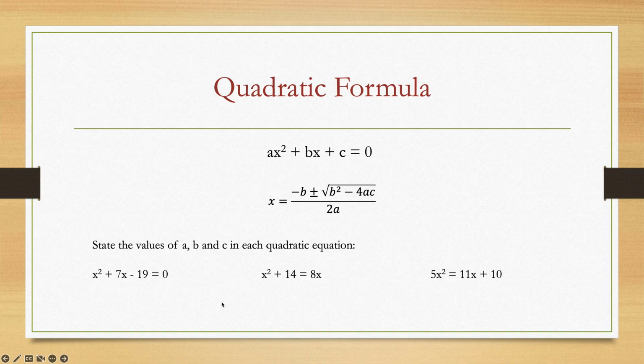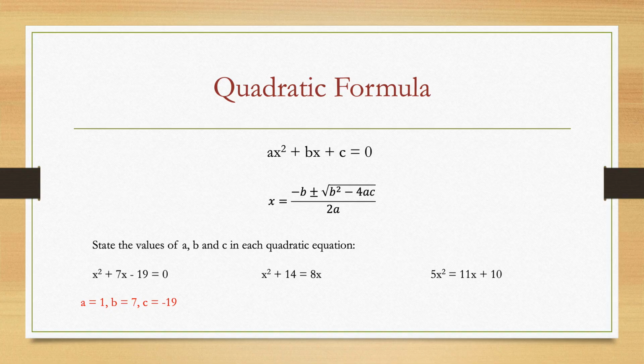Okay, so on the first one, remember, A is whatever's in front of x squared. When it equals 0, see how the general formula has to equal 0? So we make it equal 0. So A is 1, B is 7, because B is whatever's in front of the x, and C is the constant at the end. It's negative 19, not positive, just kind of like the y-intercept there. Now you're automatically starting to notice the problem on the middle one, and for that matter, also the one on the right.